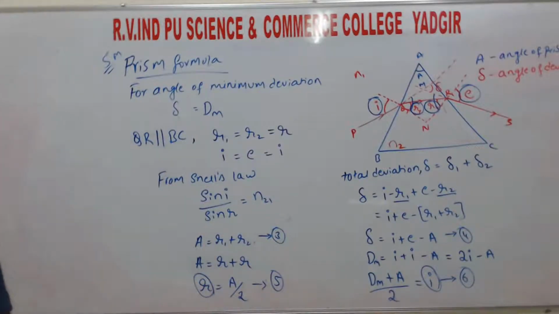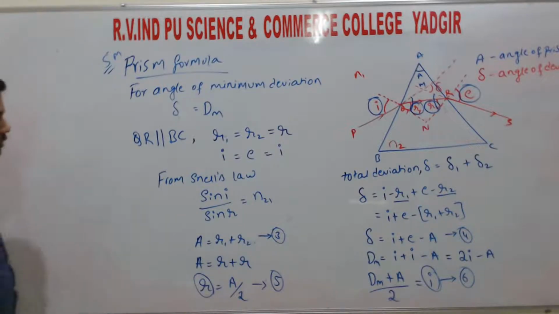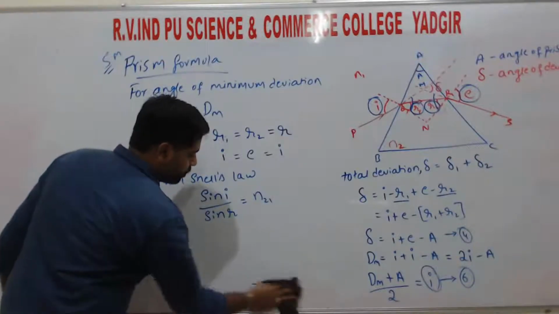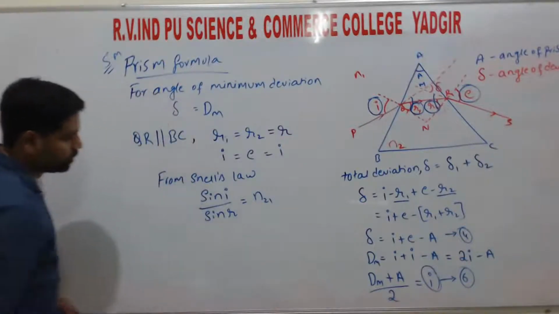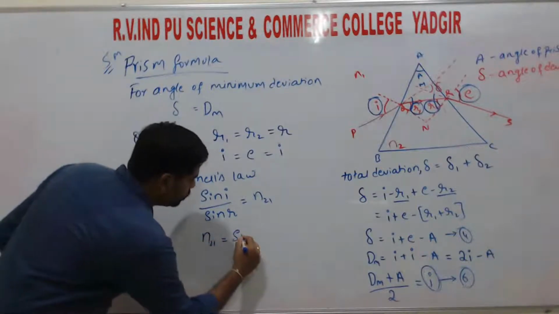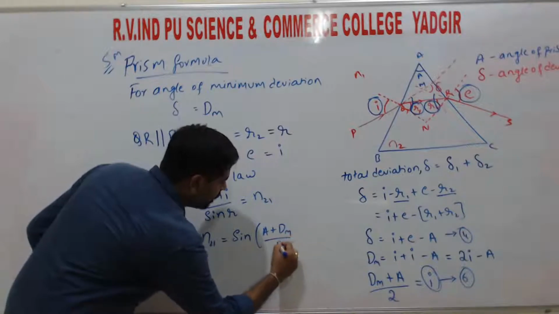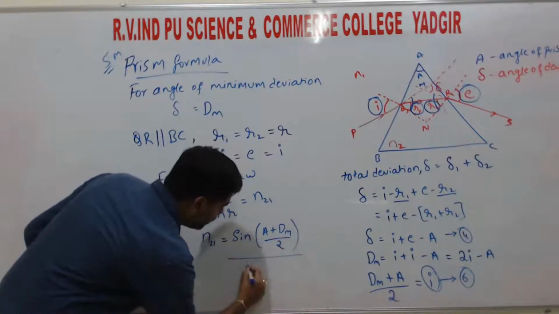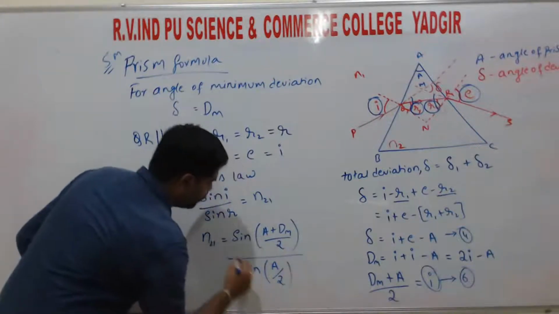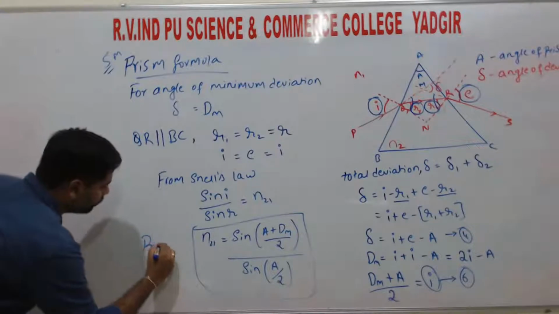Now if we substitute that into Snell's law, we get n21 is equal to sine of (A plus Dm) divided by 2, divided by sine of A by 2. So this one is the prism formula.